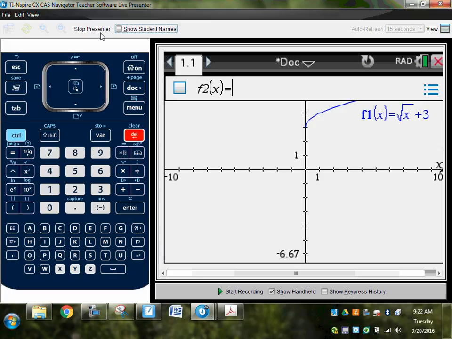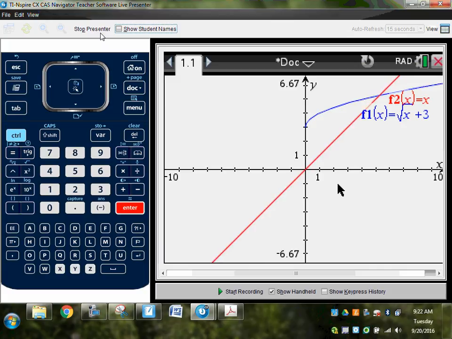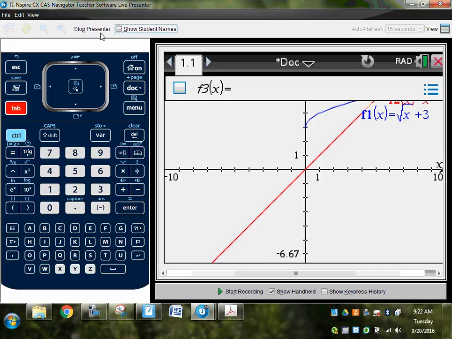Delete that y. f of x is the same thing. And now the third thing that you're going to graph is going to be what our inverse was, which was the quantity x minus 3 being squared. Is that right? Okay. Now, go in and graph that third thing.